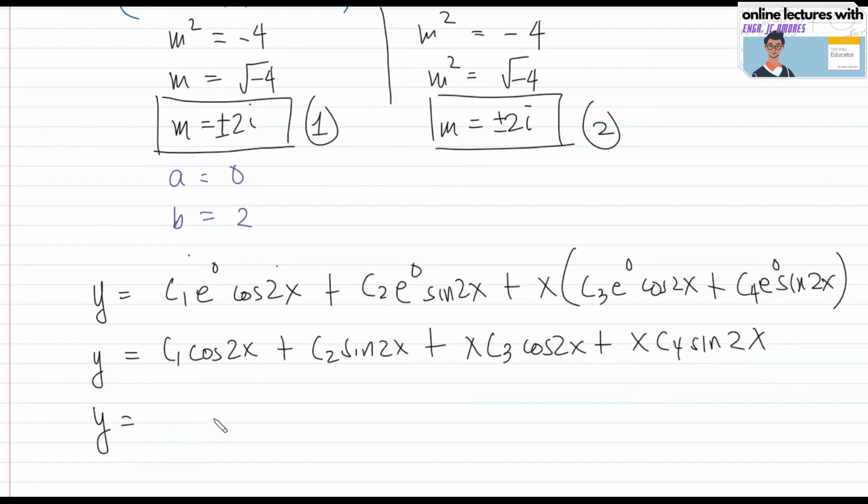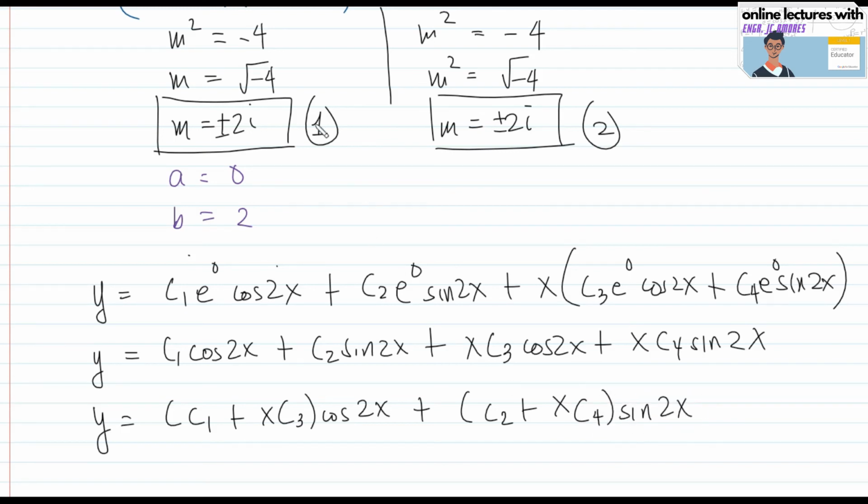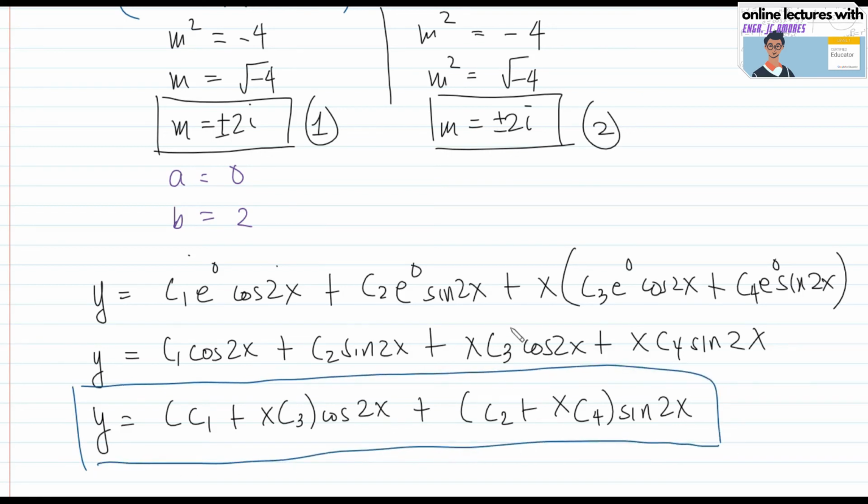Now we could group the terms with cosine, in this case the first and third terms: the quantity c1 plus x c3 times cosine 2x, and then the second and fourth terms with sine 2x: the quantity c sub 2 plus x c sub 4 times sine 2x. Okay, and that will be the final answer. So thank you for watching.